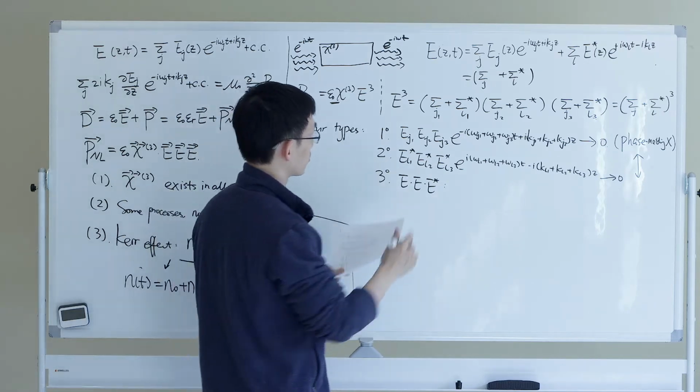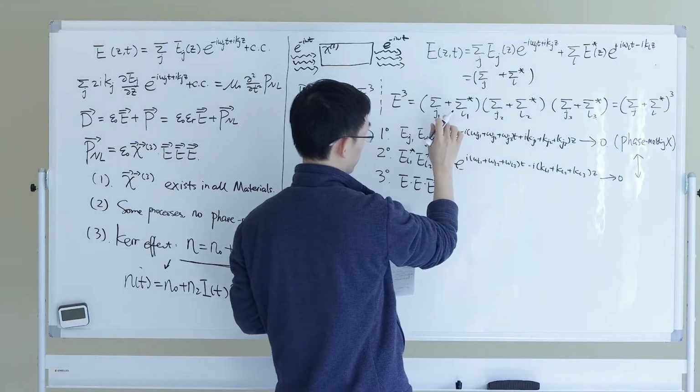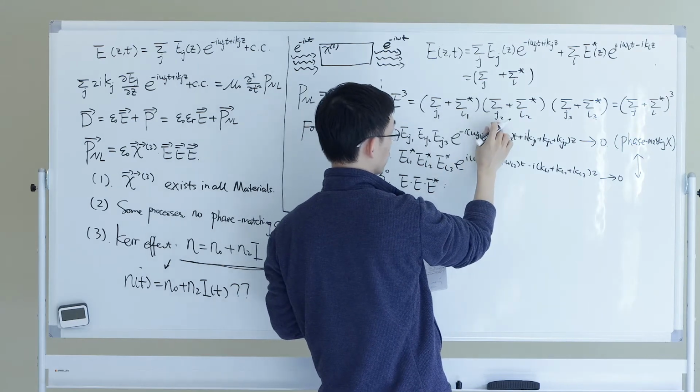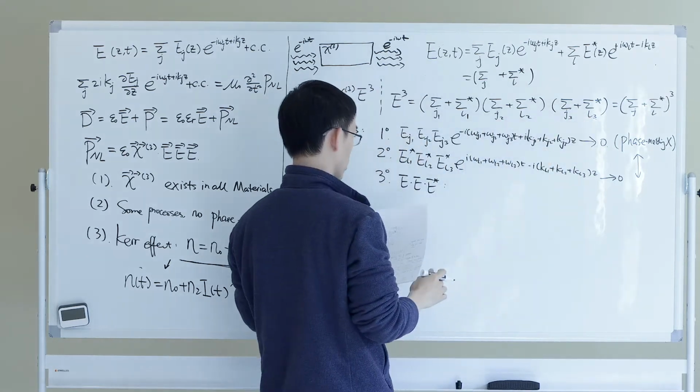So we take this as an example. We pick the first one, the second one as normal, the third one as conjugate.